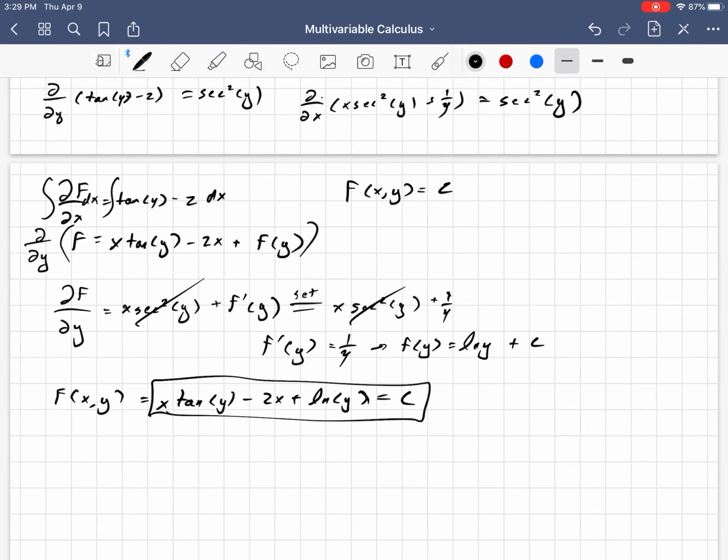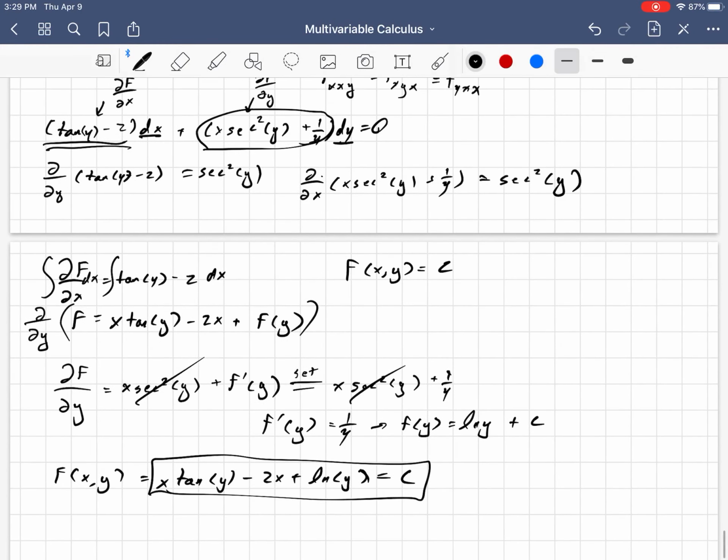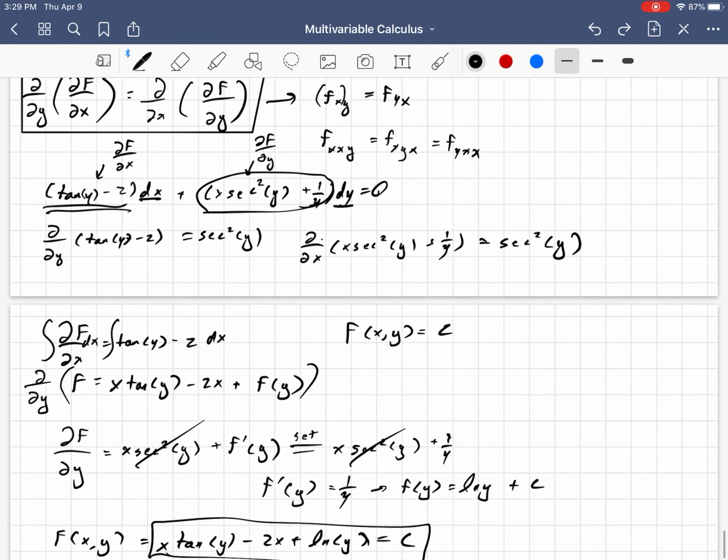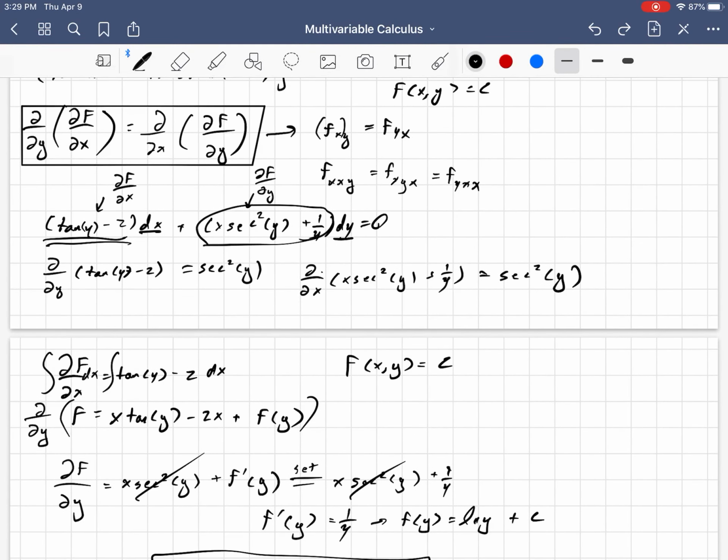And that's the solution to this exact differential equation. I could have started out with partial f with respect to y here, and then integrated and then taken partial f with respect to x. You'd get the same answer both ways, and in fact, I'd encourage you to do it the other way to make sure that we get the same answers. But this is basically the idea with exact differential equations.